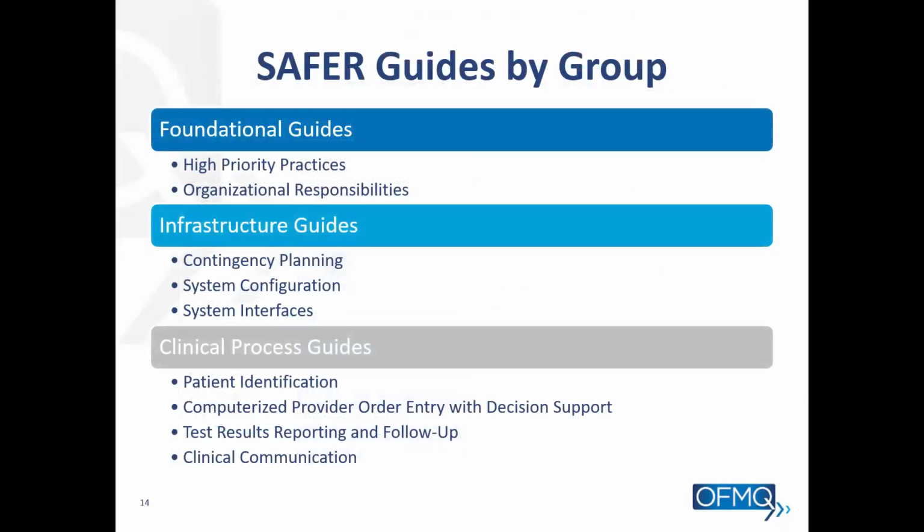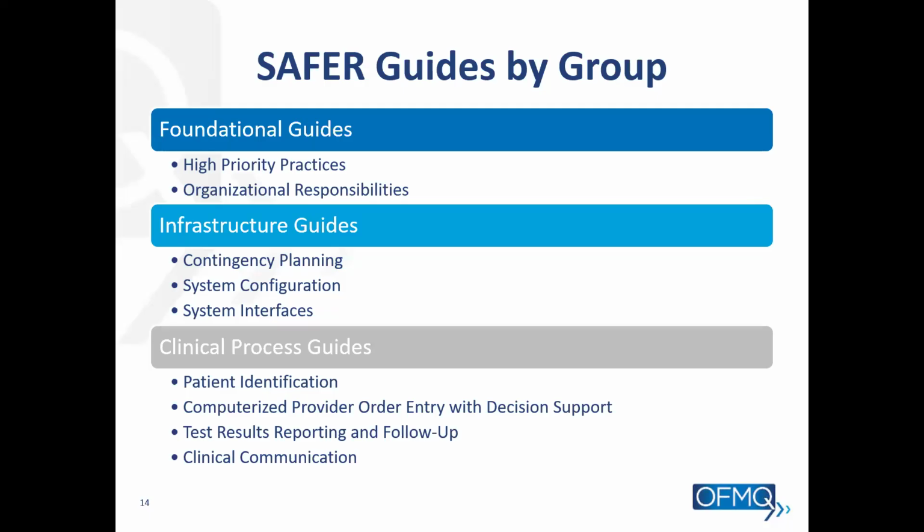So these are the 9 total guides that you have within your 3 headings. You have your foundational guides, and that includes high priority practices, which is the one that's required for clinics, and your organizational responsibilities. Those, again, are your more generic ones that you'll typically want to start with. Then you have your infrastructure guides.